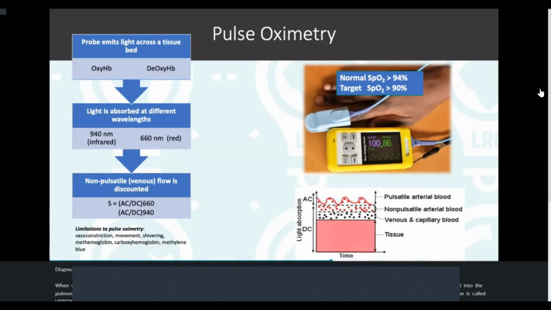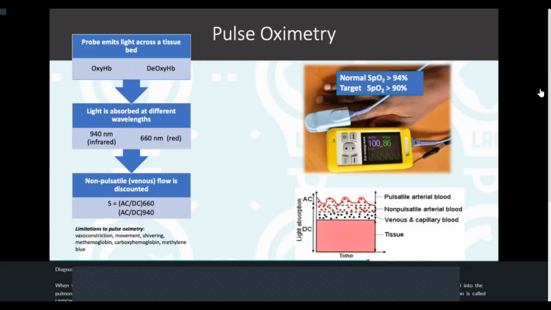Then they measure the amount of light that is absorbed. Oxyhemoglobin absorbs light at a different wavelength than does deoxyhemoglobin. The ratio of light absorbed by oxyhemoglobin versus deoxyhemoglobin is displayed as a percentage by the pulse oximeter.